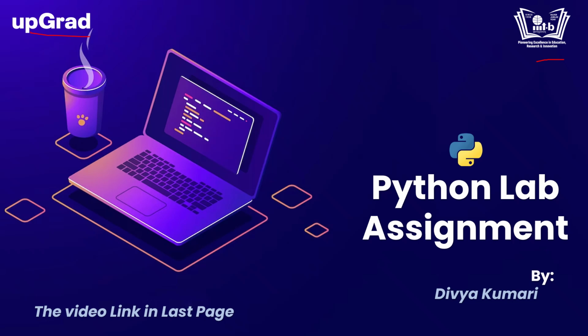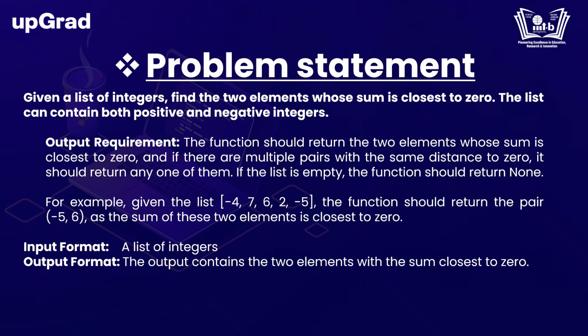Let's begin the presentation with our problem statement. There is a given list of integers. I have to find the two elements whose sum is closest to 0. The list can contain both positive and negative integers.